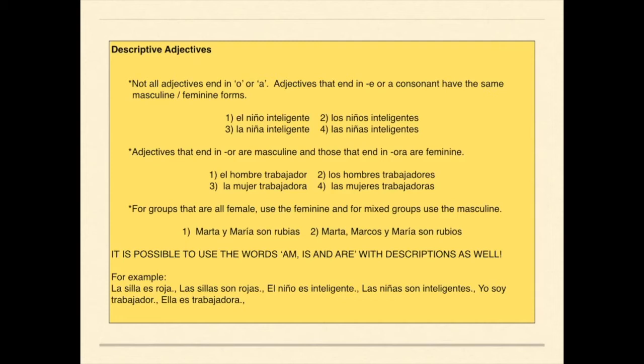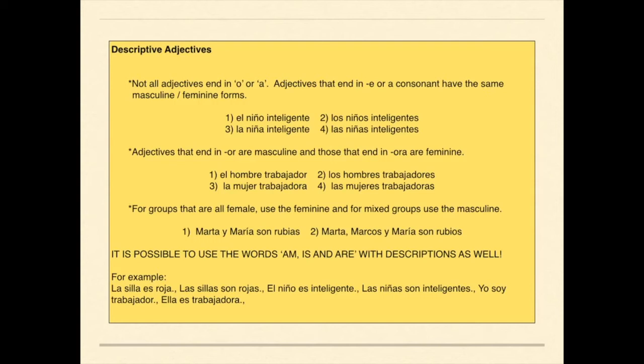Now with the majority of these examples, we have not used the word am, is, or are. These can be used with descriptions. For example, la silla es roja. The chair is red. We don't always have to say la silla roja. La silla roja means the red chair. But la silla es roja, the chair is red.